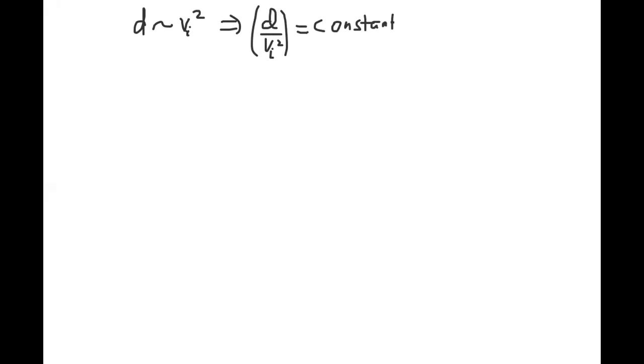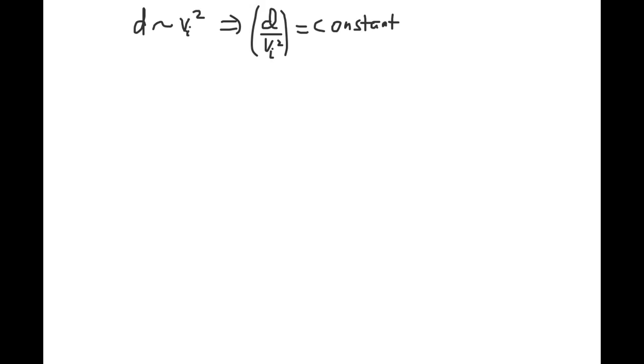That's what it means. It means anytime you divide the stopping distance by V initial squared, the answer is always constant. That's what it means when you say directly proportional to V initial squared. That's the mathematical understanding of proportionality.